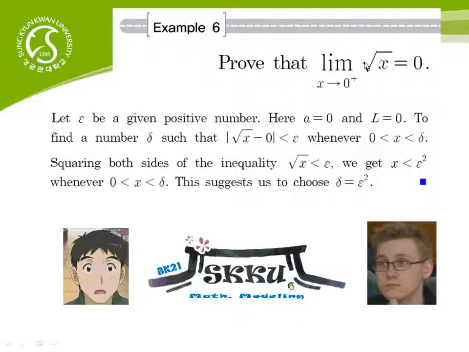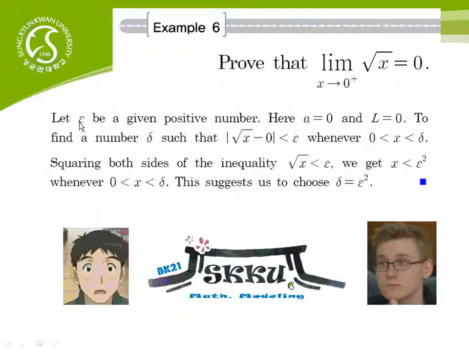Prove that the limit of this one is 0. So for an arbitrarily chosen epsilon, f of x is the square root of x, and L is equal to 0, and x approaches 0 here. So now we are all set.